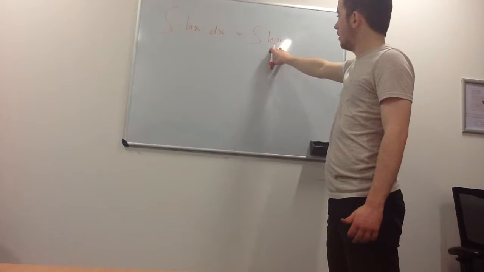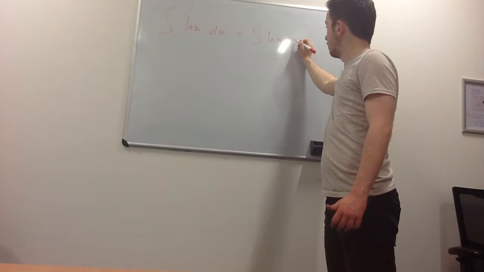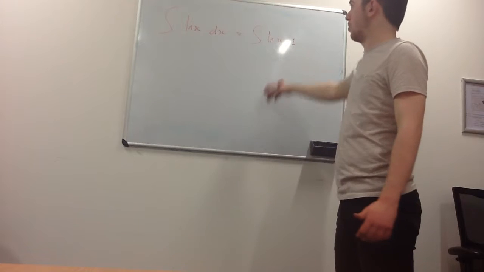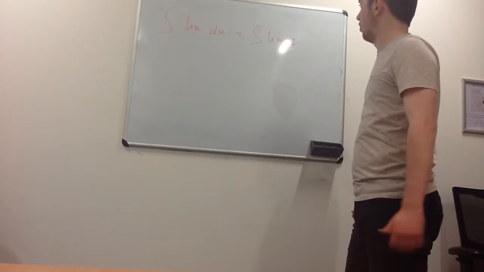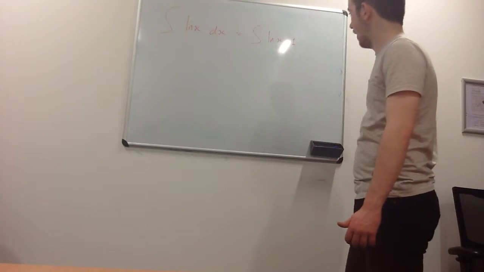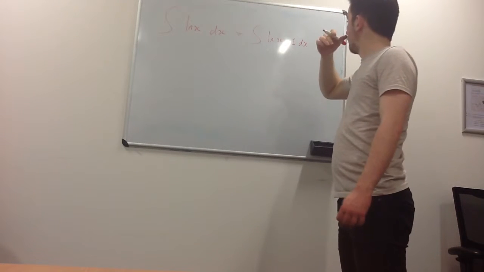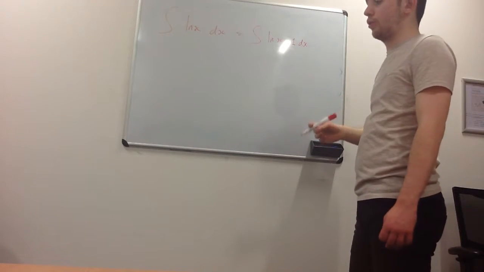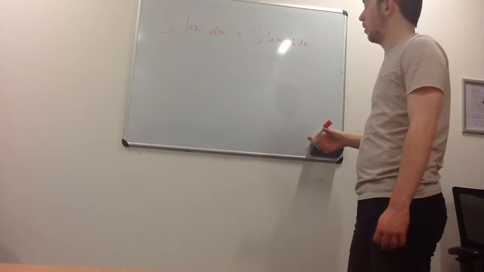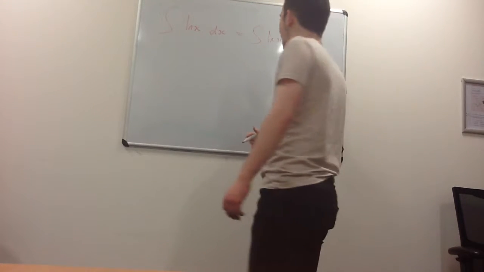So I know it'll be ln x multiplied by 1. Or if I want, I can do 2 ln x multiplied by a half. It doesn't really matter. You should try that, see if your examiner's awake when he's marking it.